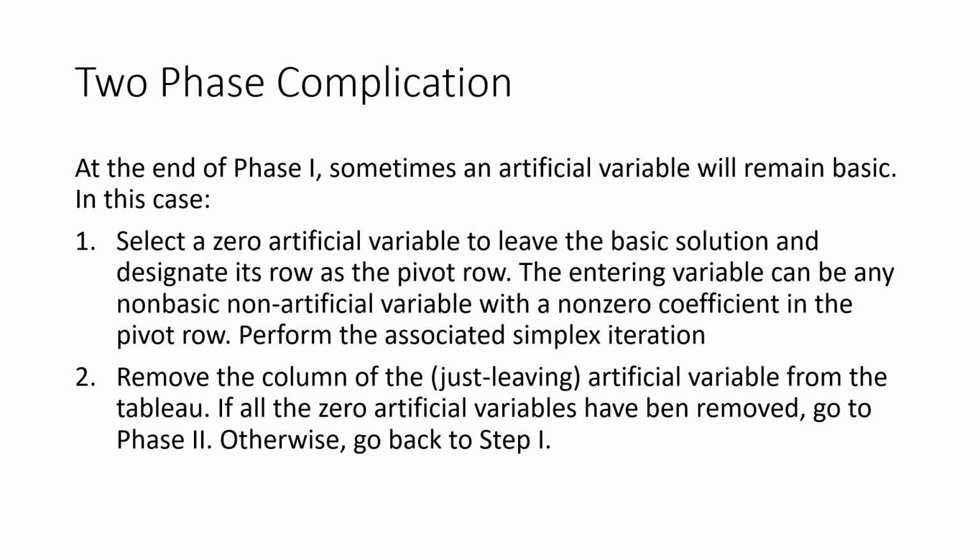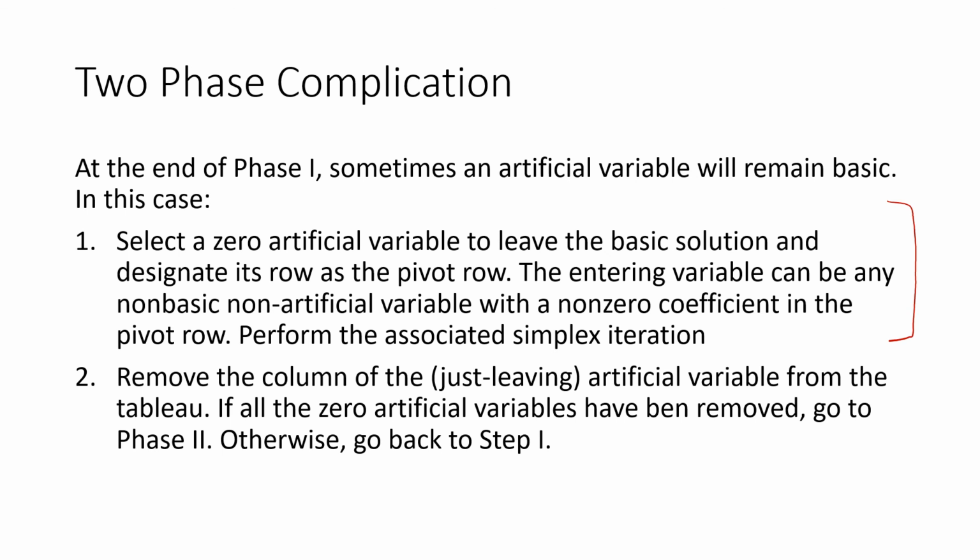It does mean that you have to do something extra. You have to turn the basic artificial variables into non-basic. And there are things you can do. Really what you're doing here is just a substitution. So here are the steps. When that happens, you select an artificial variable that's in your basis and designate its row as the pivot row.